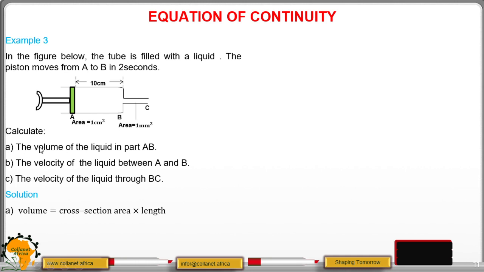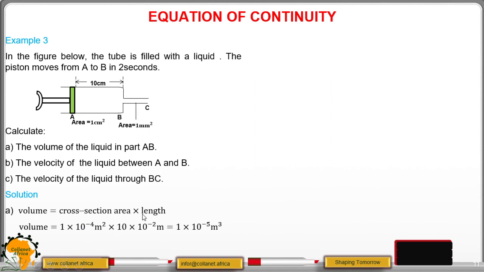The first question, A, the volume of the liquid in part AB. We know that volume is given by cross-section area times length. Are we given the cross-section area? Yes, which is this. So we take the cross-section area, and you are supposed to convert, and multiply with this figure here.